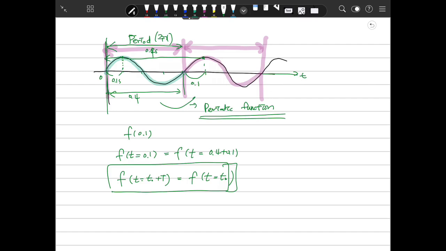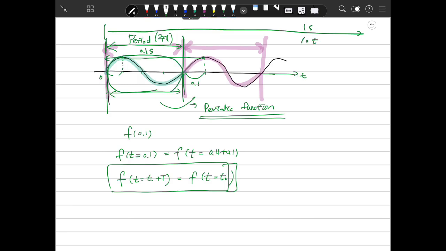And for example, if one period is 0.1 seconds, that means in 1 second, this pattern will be repeated 10 times. We call this the frequency. In Korean, 주파수.